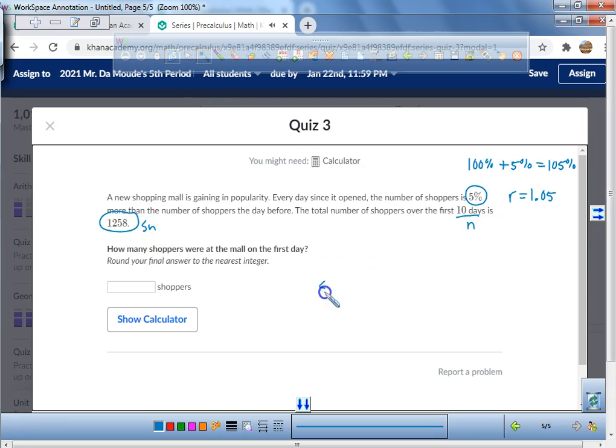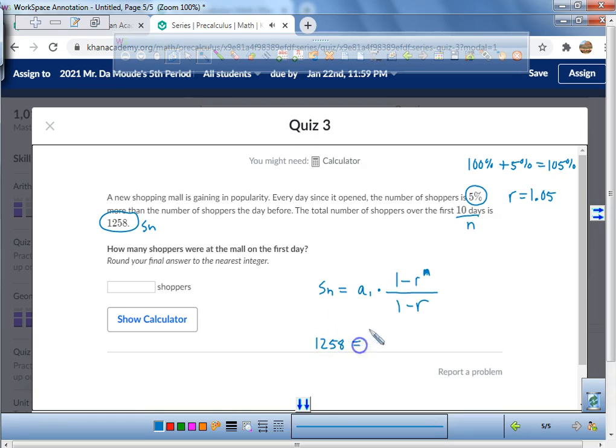So I'm going to put S of n equals our first term times 1 minus r to the power of n, sorry, that's supposed to be n, all over 1 minus r. All right, so that 1258 is going to go right there.